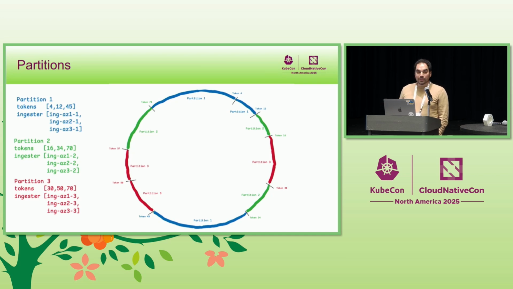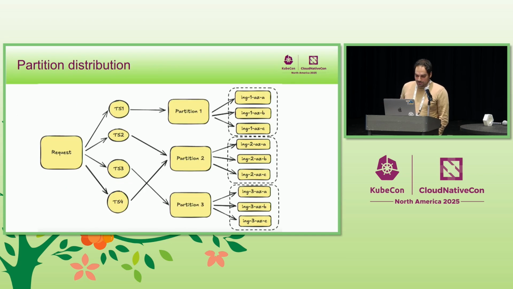So how does a request look now? For the request we were seeing before, now the time series goes to a partition, and that information is sent to the same 3 ingesters every time. So we stop with that mesh that we had before, and now we have a pretty cool thing for us, which is replication of data between AZs. We know exactly where this information is going.